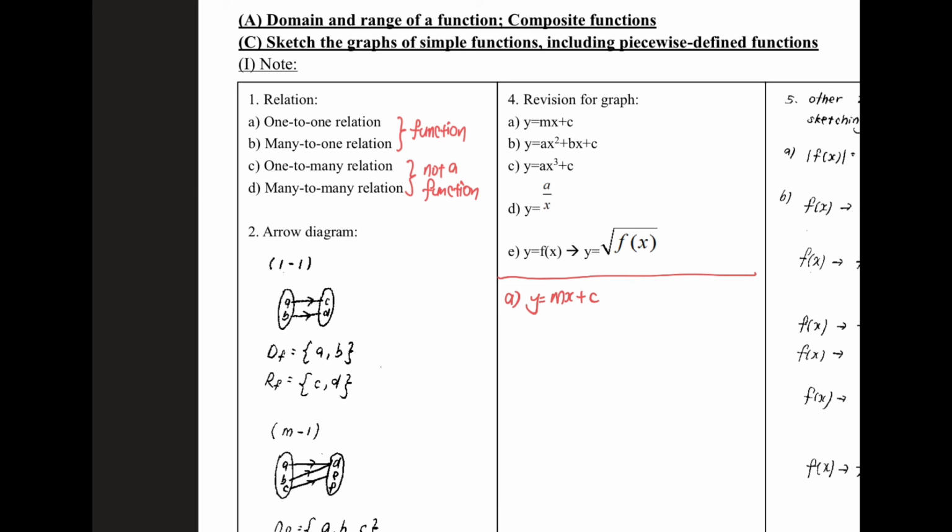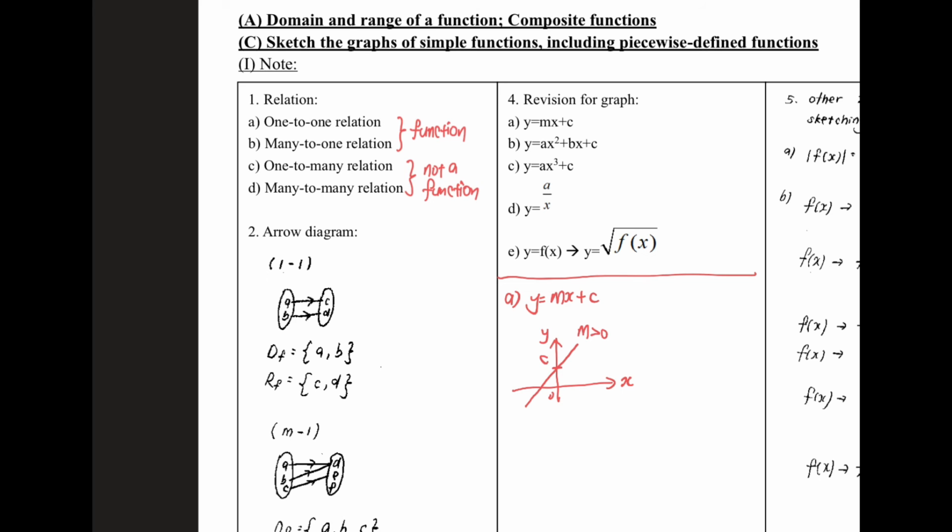The m stands for gradient. So if the gradient is more than 0, basically we sketch the graph in this way. First you have to mark the c. The c stands for y-intercept. Let's say c is here. And then if the gradient is more than 0, we have to know that the graph is going up in this way. So here is y and here is x and 0.